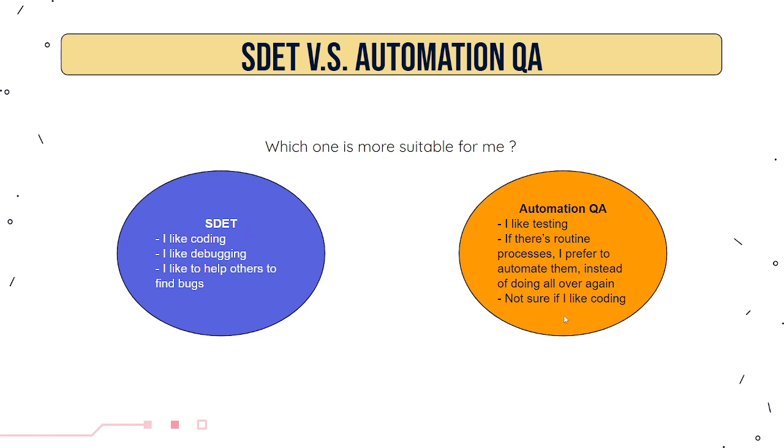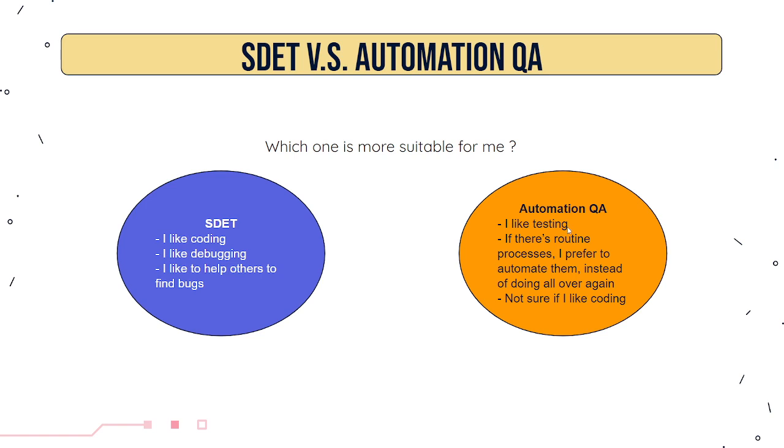And how about automation QA? Okay, if you really like testing, this is a basic requirement for a QA, because testing somehow is a routine job for many people. So many people will think it is boring, because whenever there's a new version, you just do the steps all over again, and there are thousands of steps that you need to do by routine.